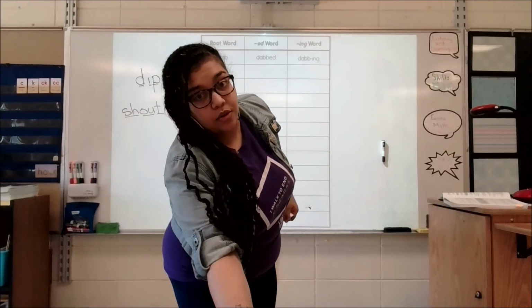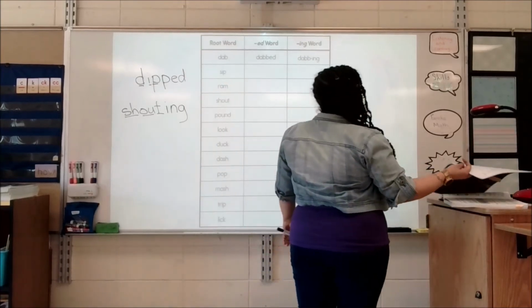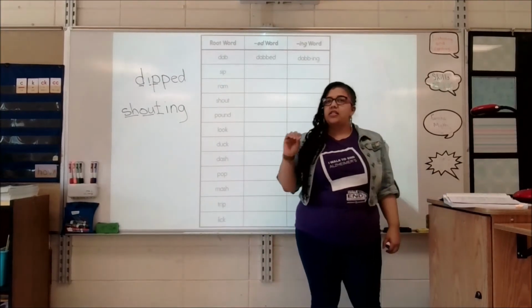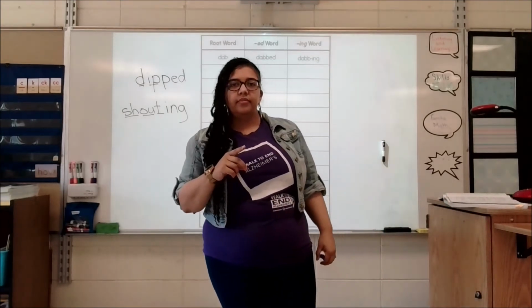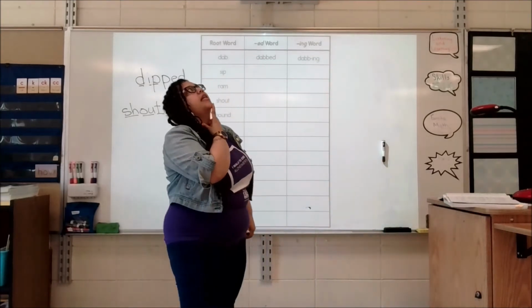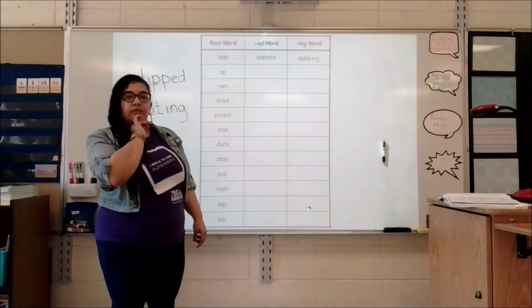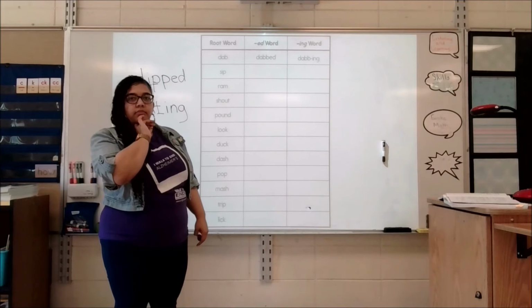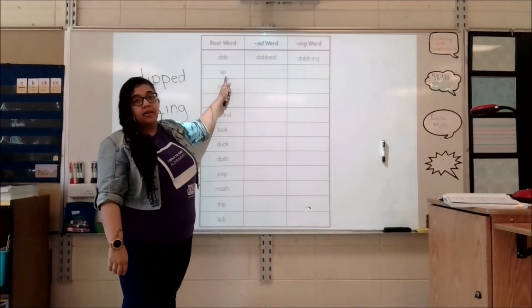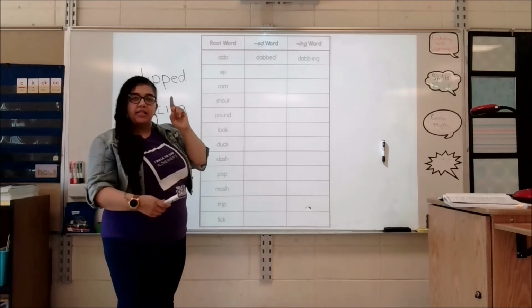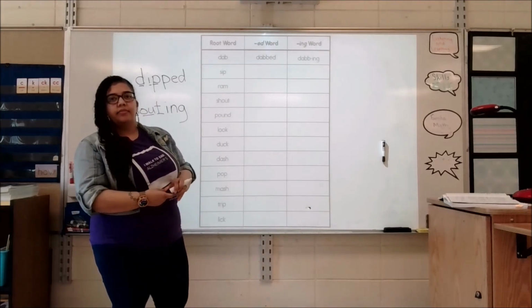So the first one I want to do with you is sip. Is sip a one-syllable word? Yes, good. Is it a short vowel sound? Yes. Is the p a single consonant after the vowel sound?